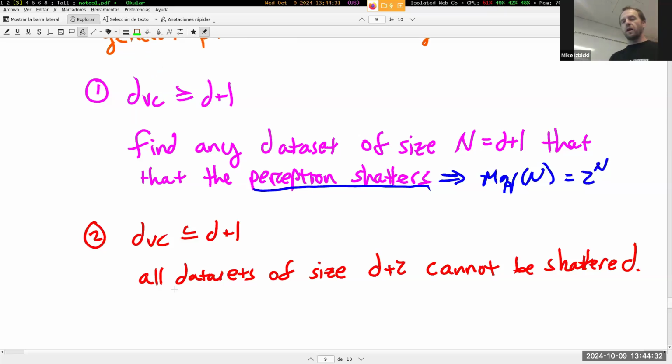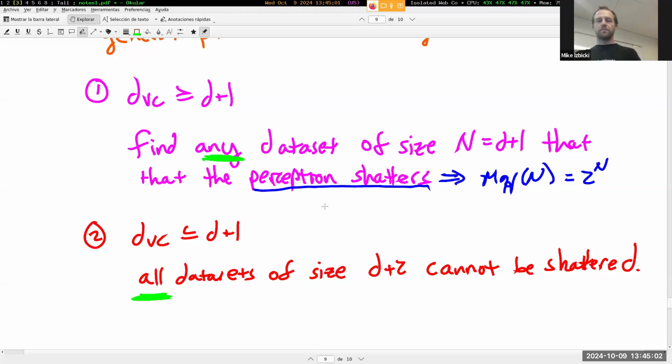But the important thing is that on the first direction over here, showing that the VC dimension is greater than or equal to something, all you have to do is find a single data set that can shatter that. But to show that the VC dimension is less than or equal to something, you have to show that all data sets of that size cannot be shattered. So this is a for all statement, whereas up here it is just a there exists statement.